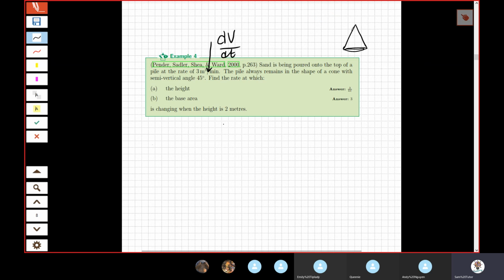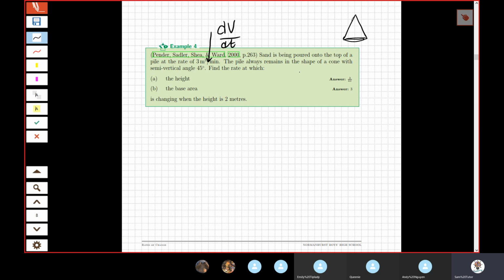So the first thing I would do is draw up my little cone, just so I can picture everything. Sand being poured at a rate, the pile always remains a cone with a semi-vertical angle of 45 degrees. So that means right there, half of your vertical angle, 45 degrees.